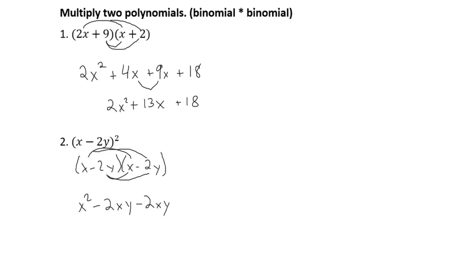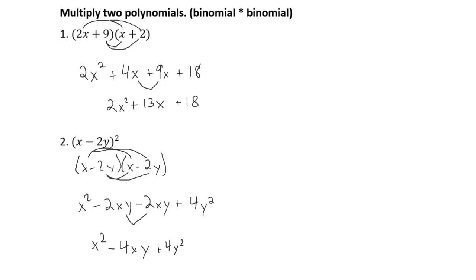A minus and a minus multiply to give you plus, 2 and 2 give you 4, y and y give you y squared. If you notice, this middle term is exactly the same, and that happens a lot with binomials, and we'll learn a rule about that later. So x squared minus 4xy plus 4y squared.